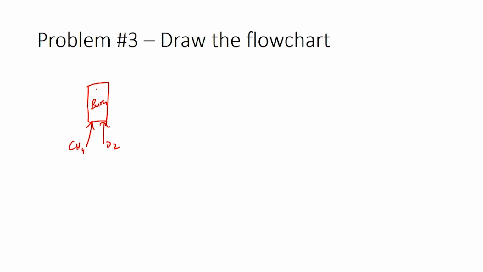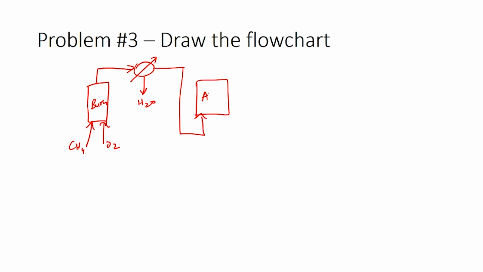So, the reactions which have been stated happen within this burner, which is the reactor, and the gases which come out are sent to a condenser. In this condenser, all the water vapor which is leaving the burner is removed as liquid water. The non-condensable components are then sent to an absorber.